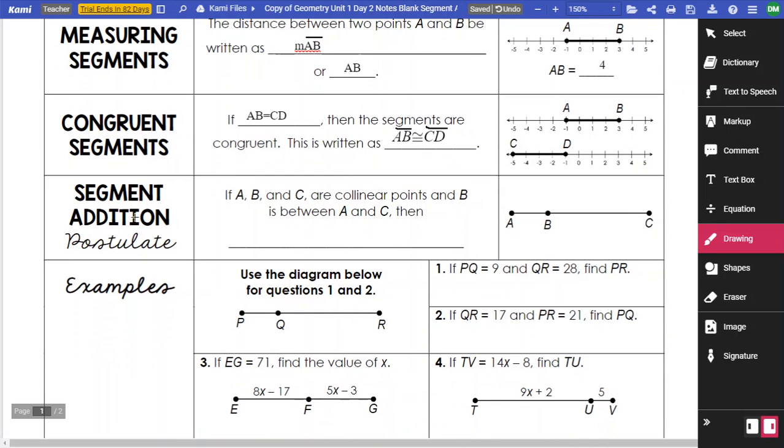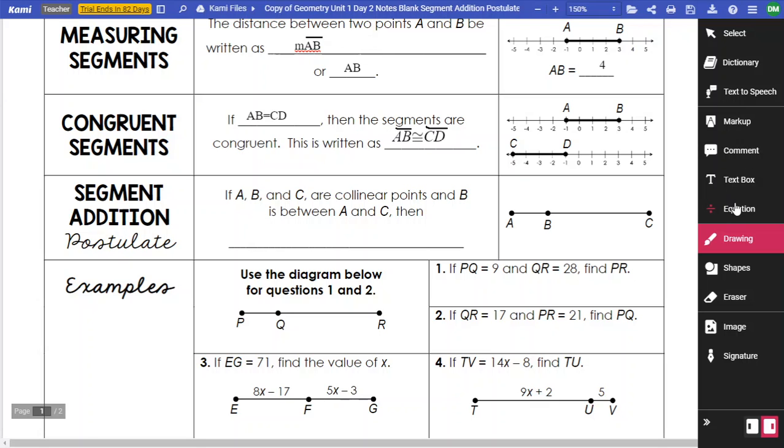So let's move on. Let's talk about this segment addition postulate. It's something that we're going to take for granted, and I'm going to say this, and you're going to go, duh. I mean, this should make sense. It does make sense. If it didn't, then we couldn't do anything. Numbers just wouldn't work.